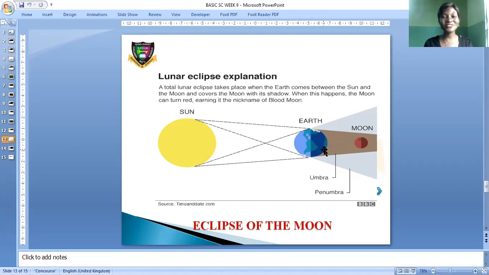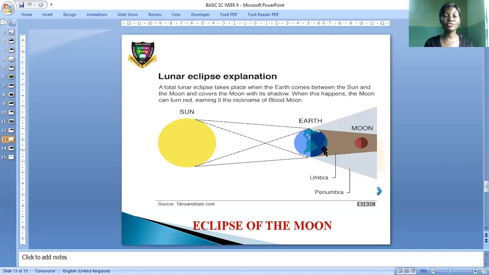Eclipse of the moon. I believe you enjoyed the class. Let's do a quick recap of what we have discussed today. We discussed the rotation and revolution of the earth. The earth rotates on its own axis around the sun once in every 24 hours, which is 1 day.